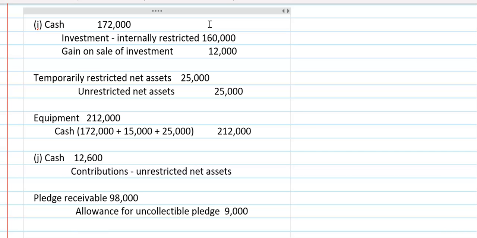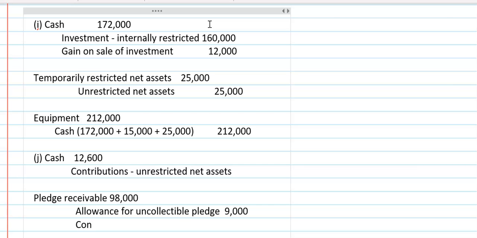So now this you could also show as contribution, but you have to categorize as a temporarily restricted net asset. Although apparently it seems, reading from the first line, that there is no restrictions from those pledges, but we are not able to collect it this year, so we'll collect it in future years, and that's why the rule is that you have to show it or put it under temporarily restricted category.